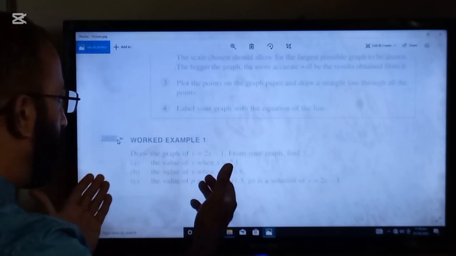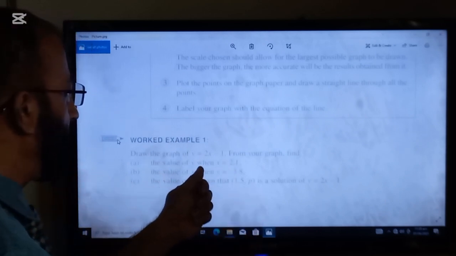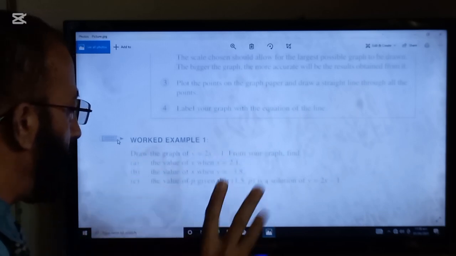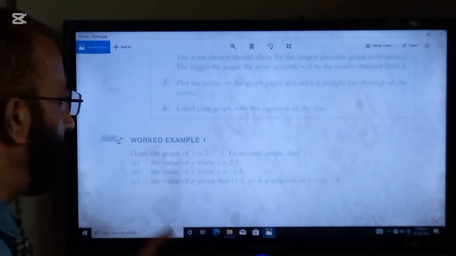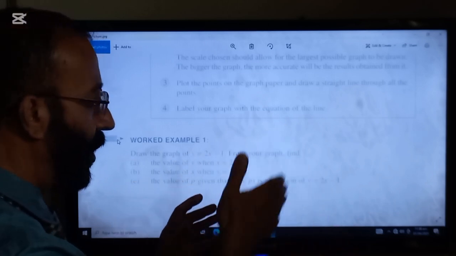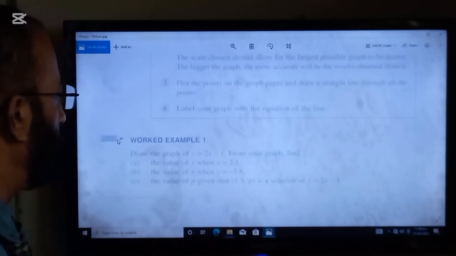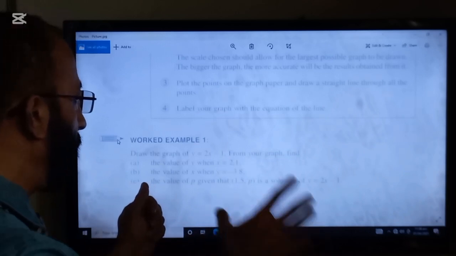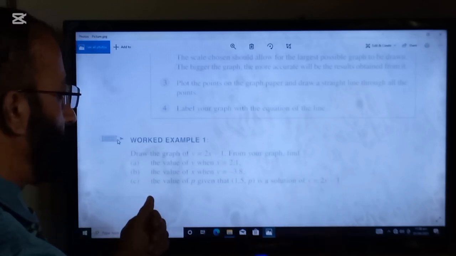So for drawing the graph, the steps will be: first we will make a table of the values of at least 3 values. Second step will be we will make a suitable scale on x-axis and y-axis. The third step will be we will plot the values from the table on the graph paper.